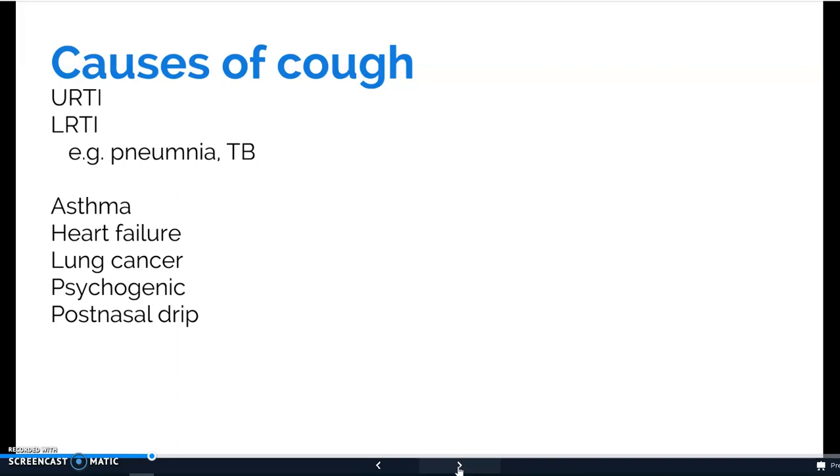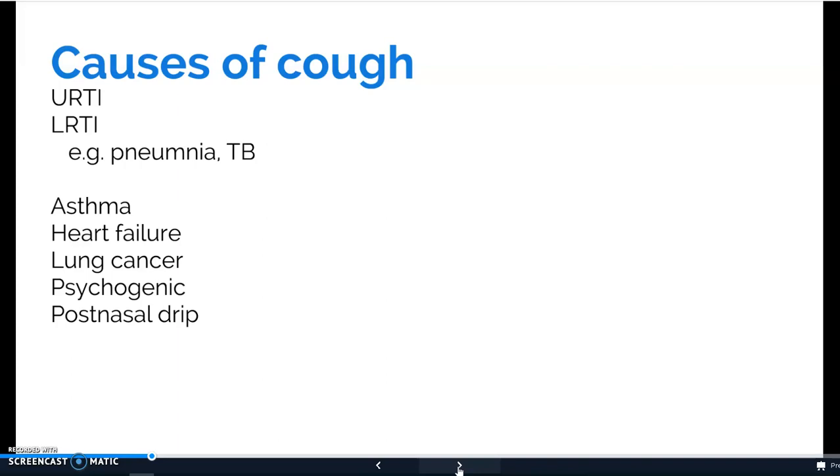When you are in internal medicine posting or internal medicine specialty, probably you will be thinking of respiratory problems when a patient comes with cough. For example, URTI, LRTI like pneumonia, tuberculosis, asthma, lung cancer.